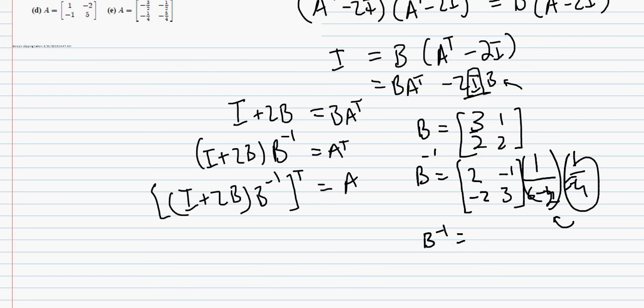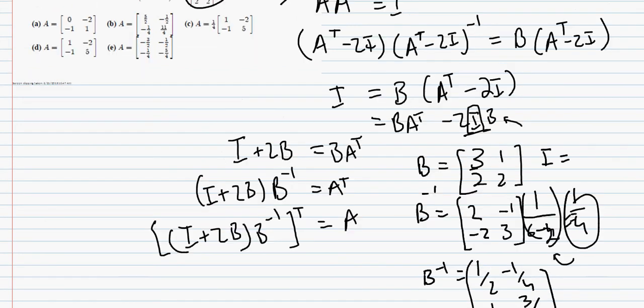Now, 1 over 4 times the matrix, so we have 1/2 here, minus 1/4, minus 1/2, 3/4. That is B inverse. Okay, what's an I? I is just equal to [1, 0; 0, 1].